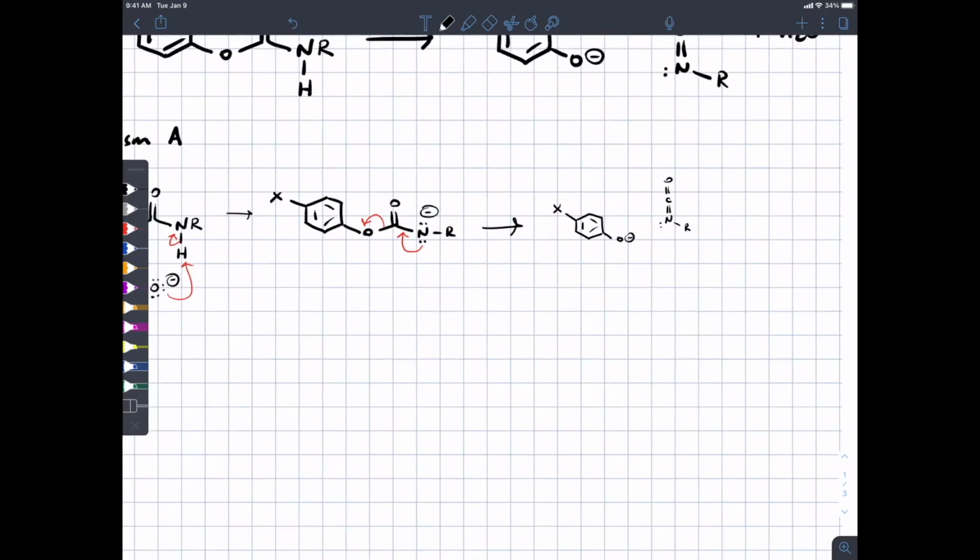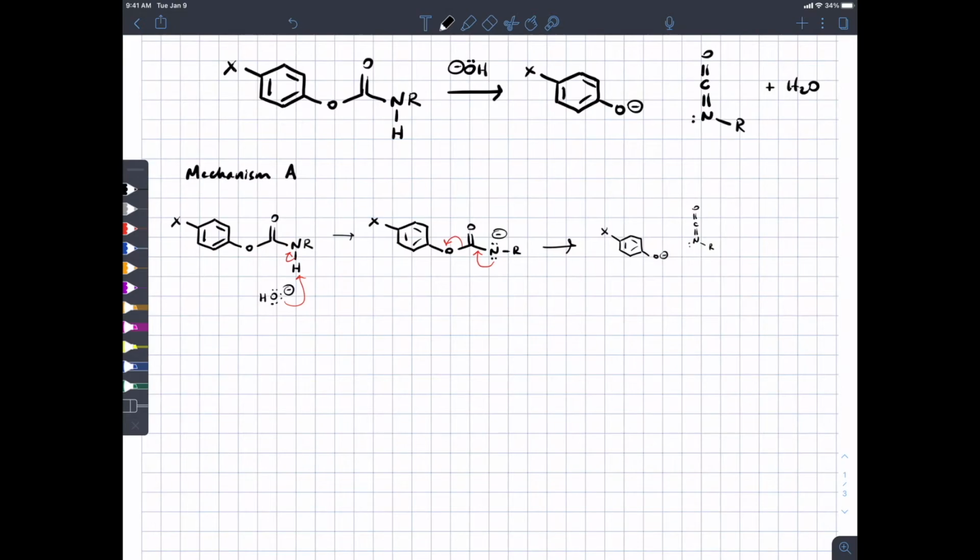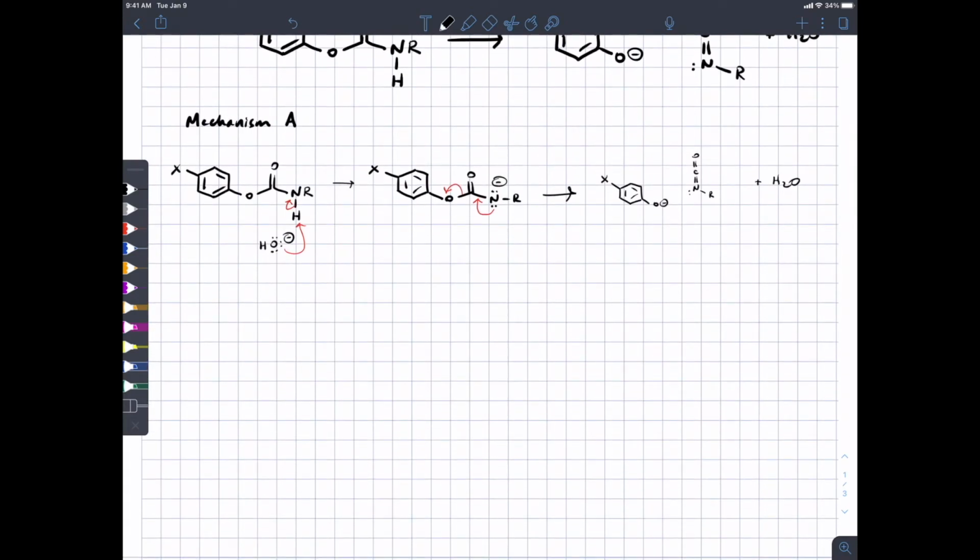Again, this isn't the end of the reaction, but what happens next isn't necessarily important to what we want to do. Okay, so that's mechanism A.